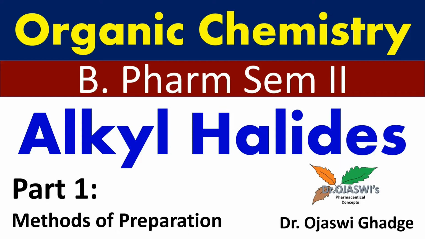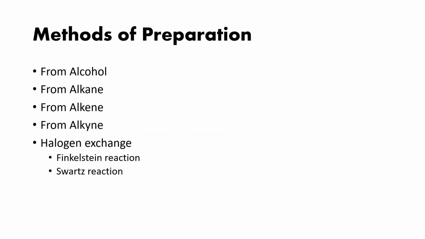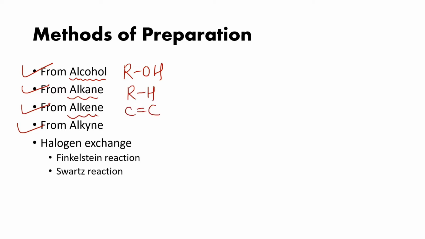Today I am here with another topic, that is alkyl halides from semester 2 POC, with methods of preparation of alkyl halides. As you can see here, alkyl halides are prepared from alcohols, from alkanes, from alkenes, and from alkynes also.